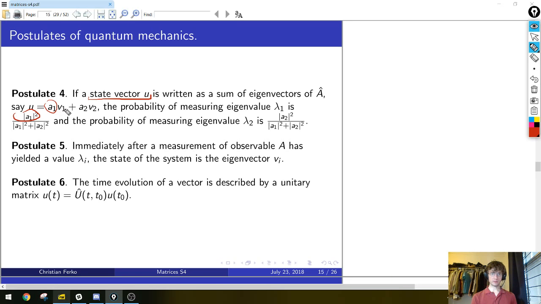So a1 appears in front of v1, so the probability of getting lambda 1 goes like a1 norm squared. We have to divide by this number. And the probability of measuring lambda 2, which goes with v2, is proportional to the absolute value squared of a2.